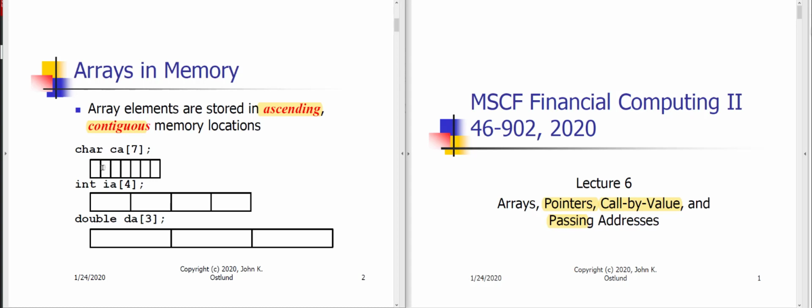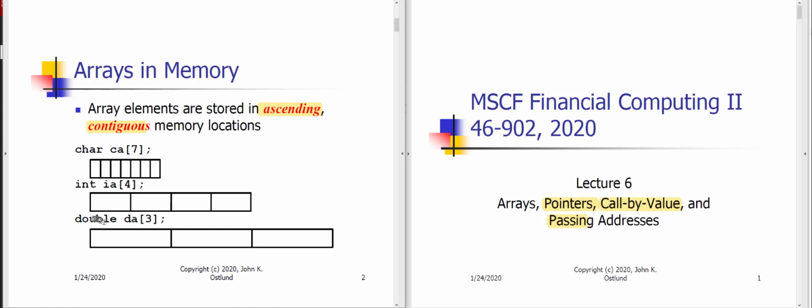The next element in CA is going to be 1 byte further along, 1 byte higher in memory in terms of its location. And altogether, this array is guaranteed to take exactly 7 bytes of memory, since a char is 1 byte by definition. IA is an array of 4 ints. On our machines, an int is 4 bytes wide, and so an array of 4 ints is going to occupy a total of 16 bytes of memory.